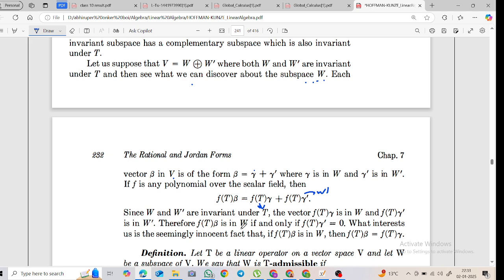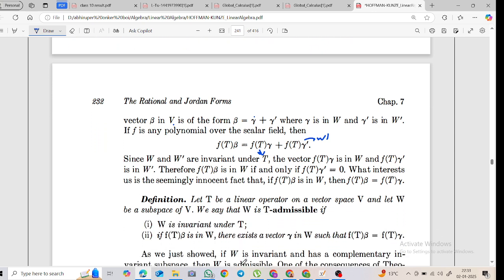Now, therefore, f(T) beta, see this is very important, is in W if and only if f(T) gamma prime is 0. What interests us is seemingly an innocent fact that if f(T) beta is in W, then f(T) beta is equal to f(T) gamma.